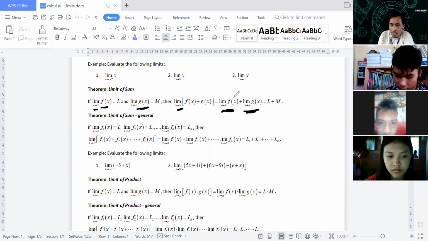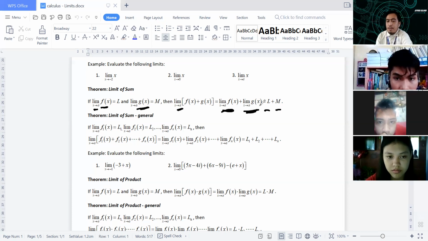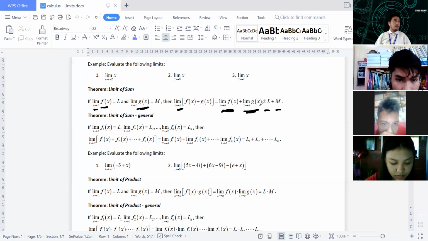And we know that the answer here is L and the answer here is M. So you just take the sum of the limits. The limit of the sum of the two functions is just the sum of their limits. Okay? Understood?